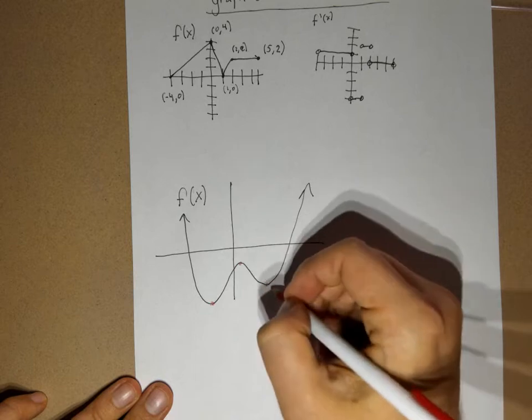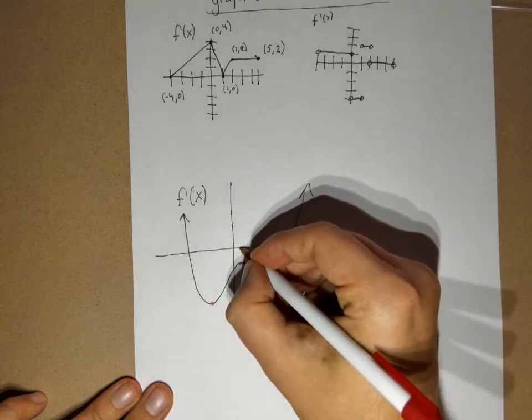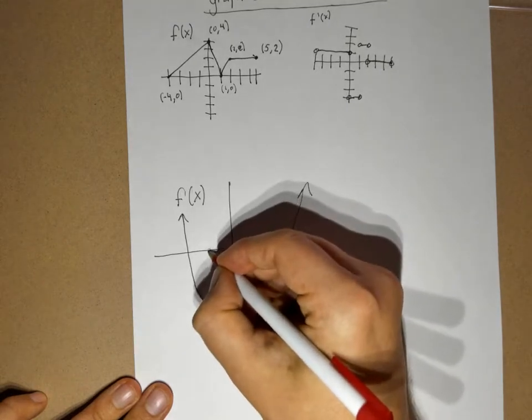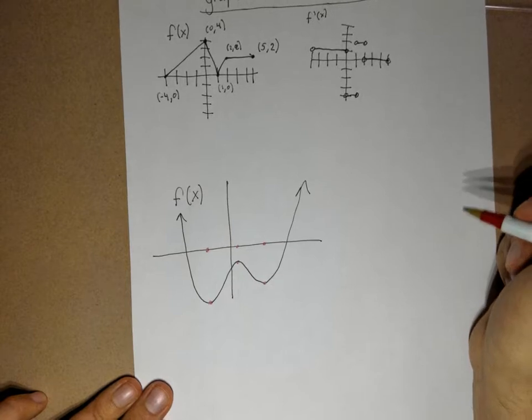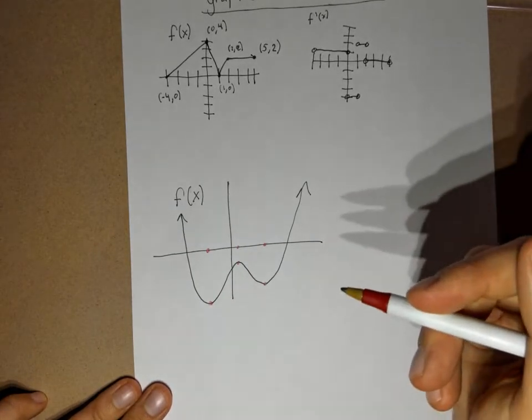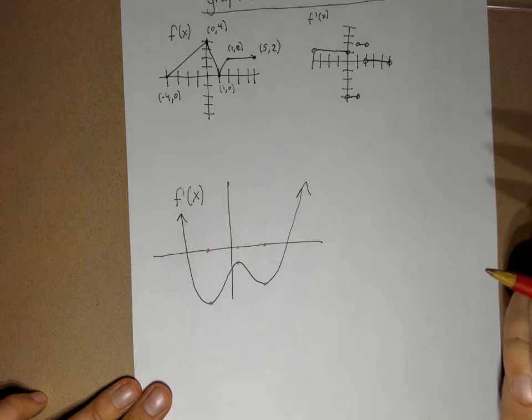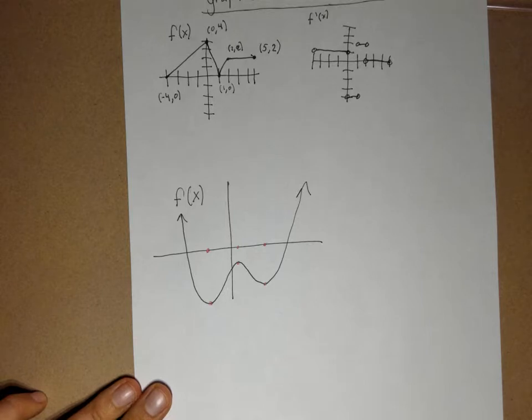So I know for my derivative function, it's going to equal 0 at those spots. So I mark those on my graph first.